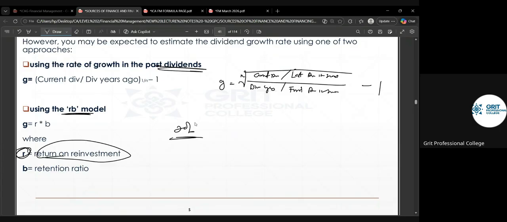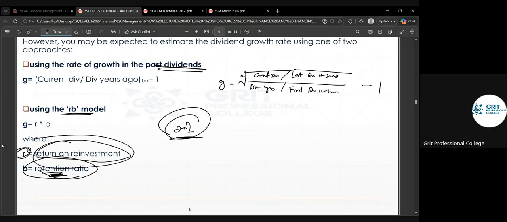Then that return on reinvestment times the retention ratio. The retention ratio is what proportion of the company's profits we retain. The other proportion which we pay out as dividend is what we call the payout ratio. So the retention ratio times the return on reinvestment. When you multiply the two, that will give you the growth rate in the company's dividend. As simple as this.